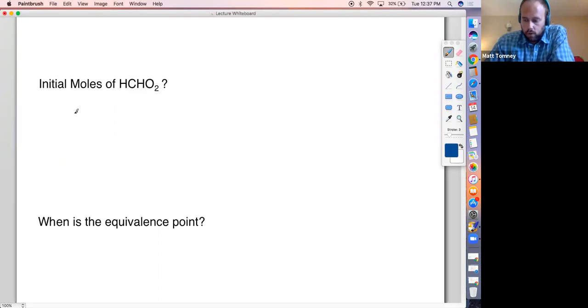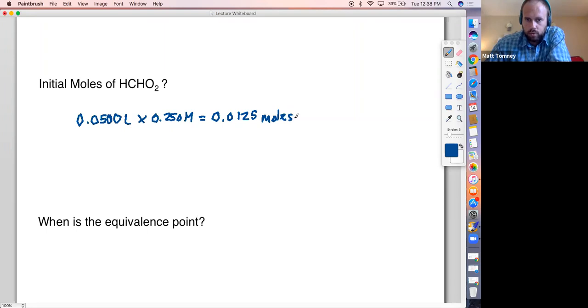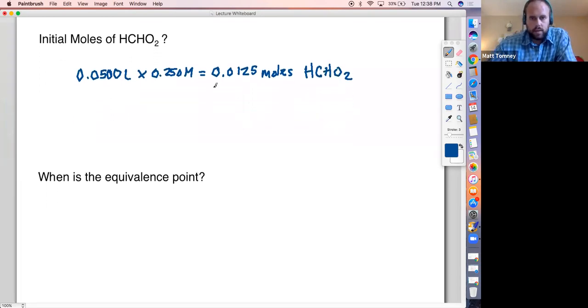So the initial moles, we found that what we needed to do was 50 milliliters times the molarity, which was 0.250, and that would equal 0.0125 moles. So this is the total moles present of the formic acid that we're working with here. Okay, so this number is important.